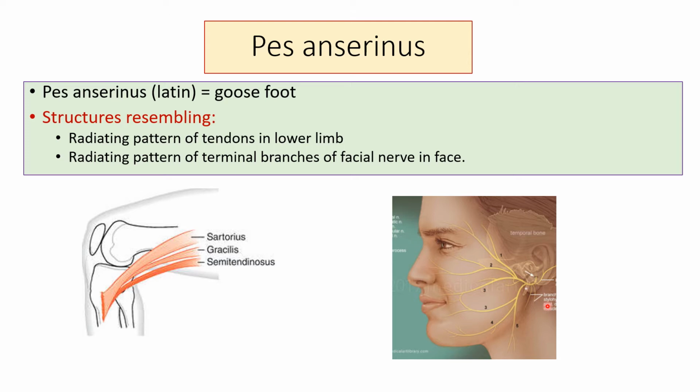The branching pattern of the facial nerve in the face also resembles the goose foot. That's why this is also the pes anserine pattern of branching of terminal branches of facial nerve.